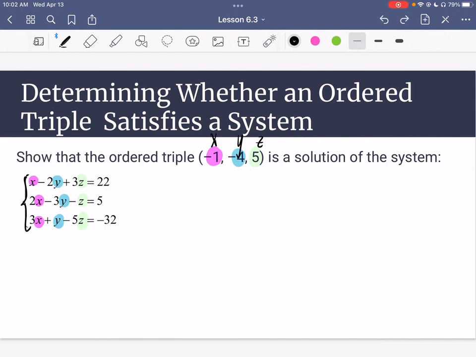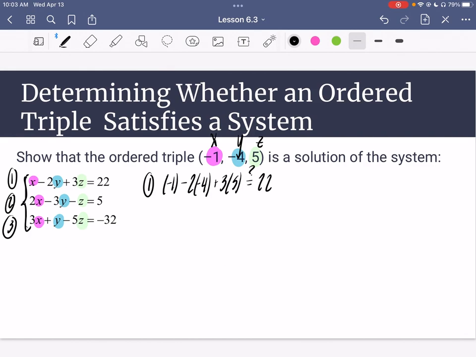Okay, so I'm just going to write them over to the right here, and I'm going to label them equations 1, 2, and 3. Okay, so equation 1 here, let's go ahead and plug in our values. So -1 times, or -2 times -4 plus 3 times 5 equals 22.